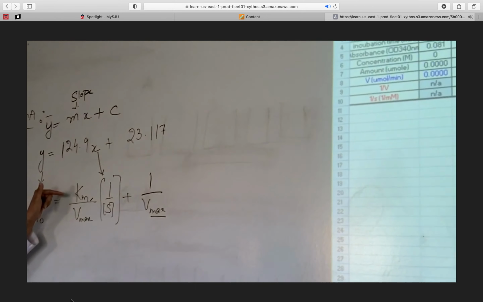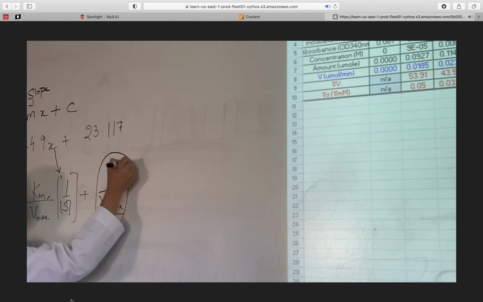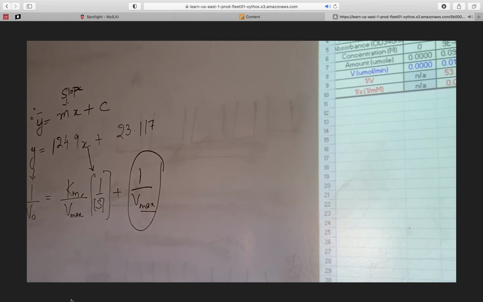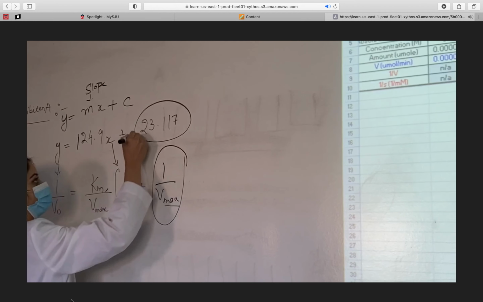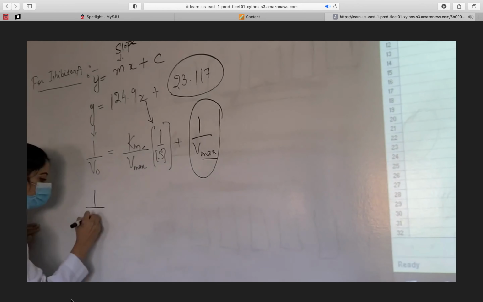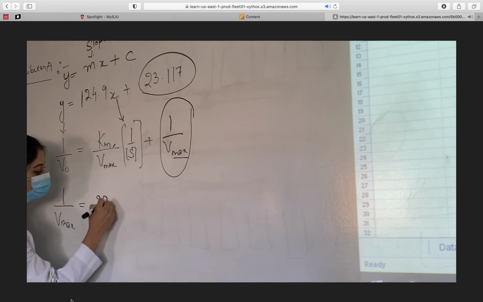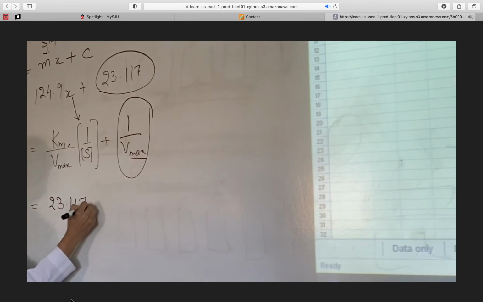So we will compare this equation with this one, and from this we know that Vmax inverse is equal to 23.117. So 1 upon Vmax is equal to 23.117.